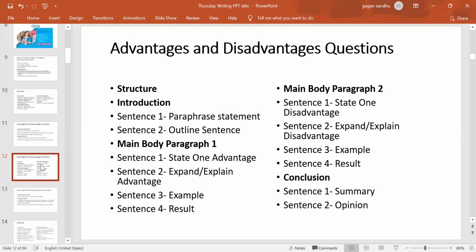So we write the first major advantage here, and then explain more about how it is advantageous in the given scenario, like the time it saves, or the reliability, or the availability, or the resources available. This is how we can expand our answer here.